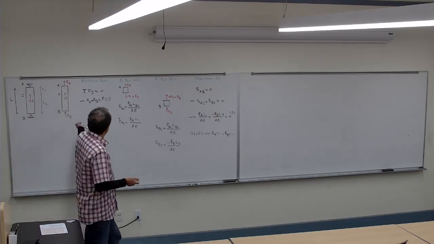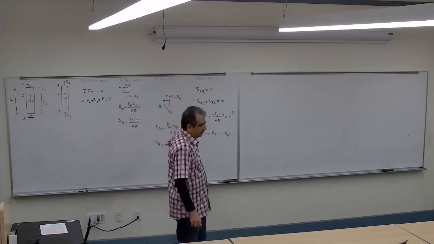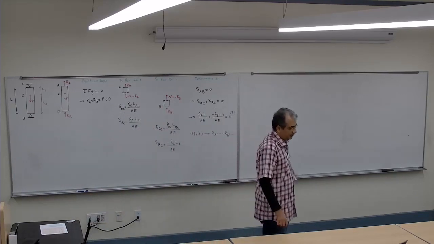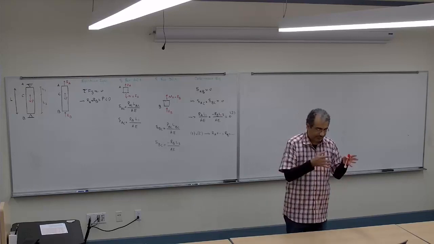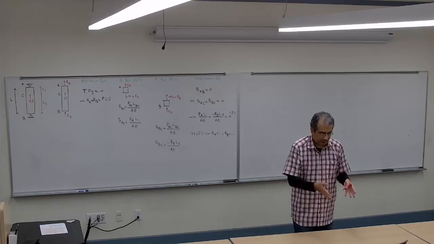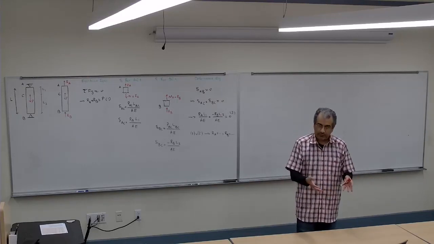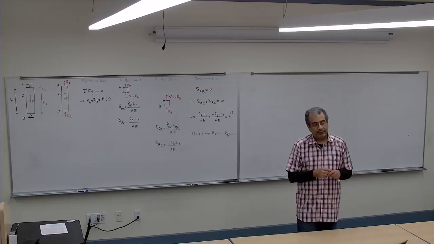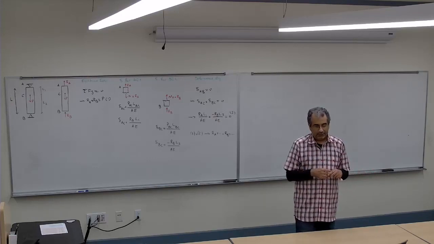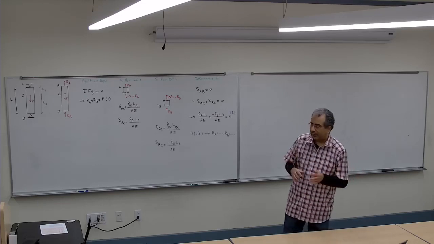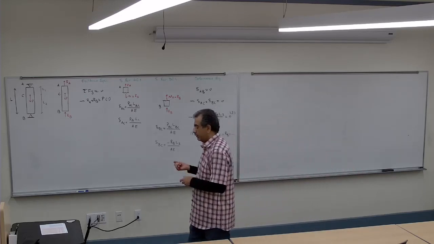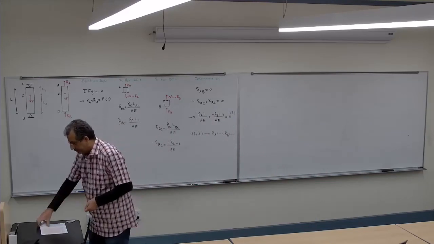So this is one method that we are solving the indeterminate problem. Go ahead, write all the equilibrium equations, and then write all the deformation equations, and then put them together to get the unknowns. There's another method to solve indeterminate problems. It's somehow similar, and it's called the superposition method.